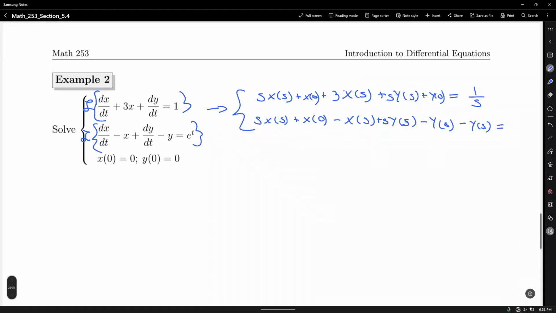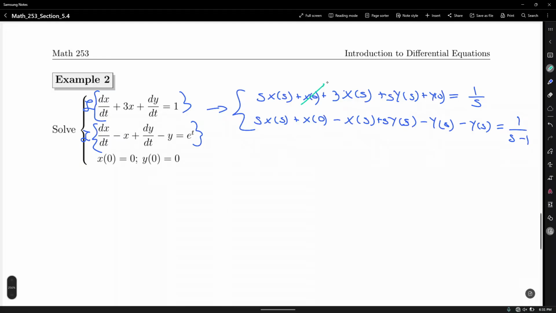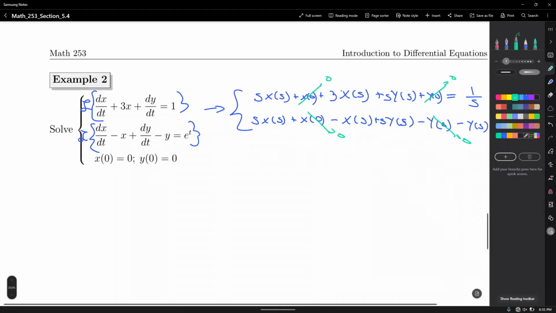the Laplace transform of e to the t, which is what? Isn't that 1 over s minus 1? All right, well, let's substitute the conditions. x of 0 is 0, great. y of 0 is 0, that's also great. It's great that these are all zeros, that reduces the amount of terms.